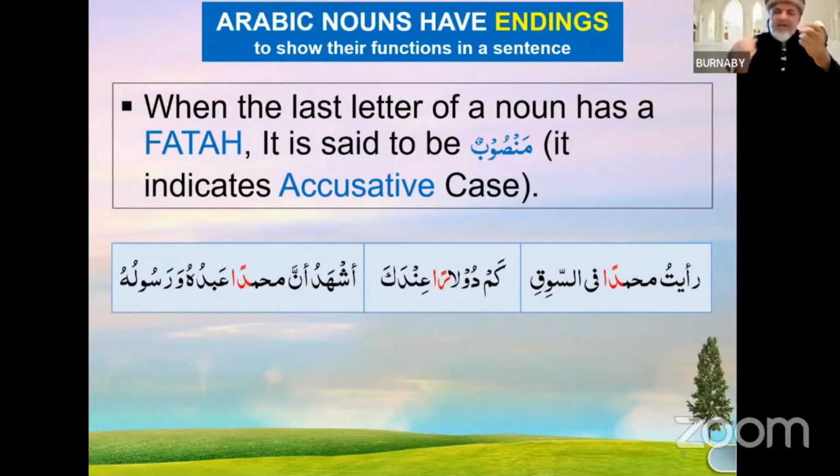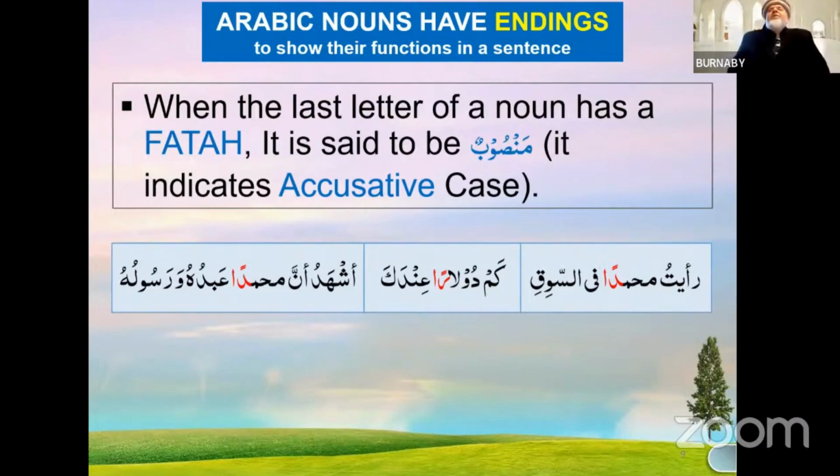So if the object is dollars, what should be the status of dollars? Nasab. Good job. So you see the red part is with the fathatan and an alif. That means dolaran is masculine, nasab, and singular.